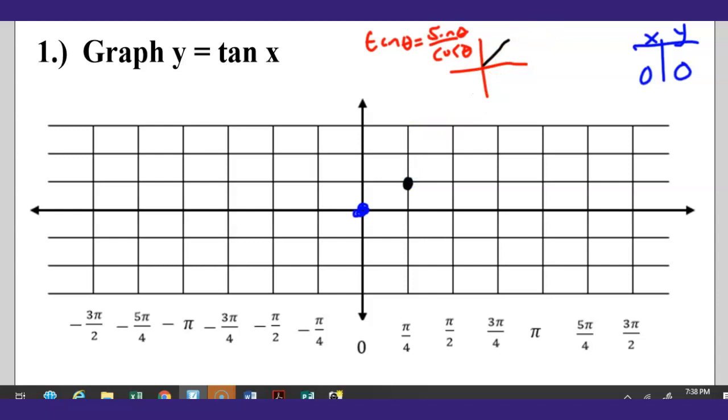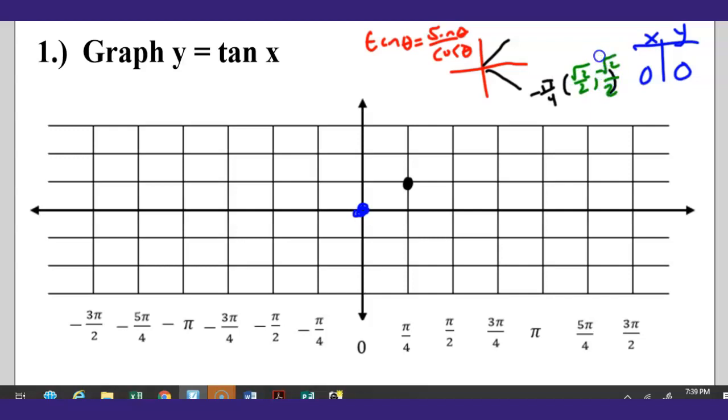Alright, and then over here, for negative pi over 4, down here for negative pi over 4, again, those points would be radical 2 over 2, negative radical 2 over 2.